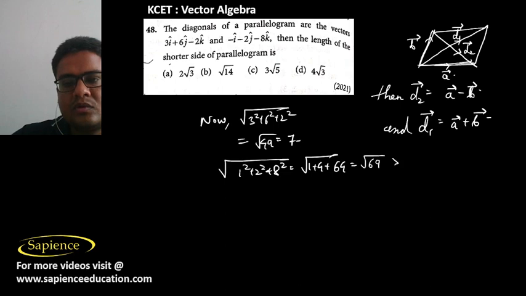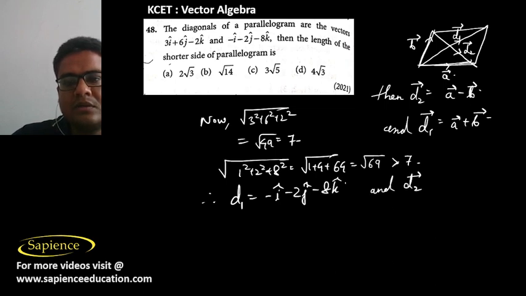That is more than 7. Therefore, the diagonal d1 is the second one. It is minus i cap minus 2j cap, and the d2 vector, the shorter one, is 3i cap plus 6j cap.